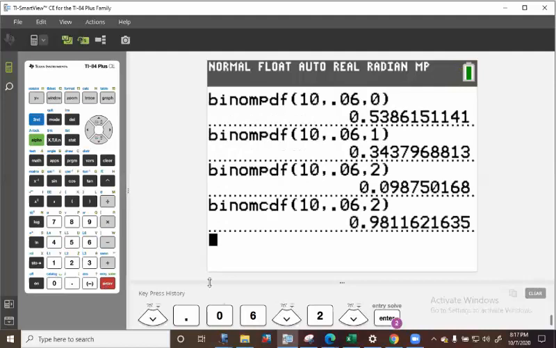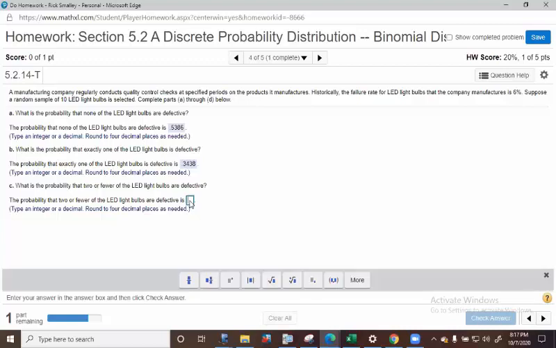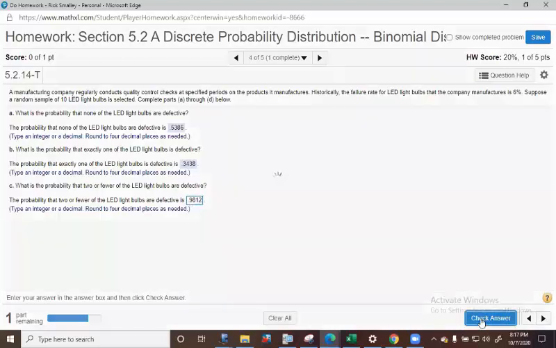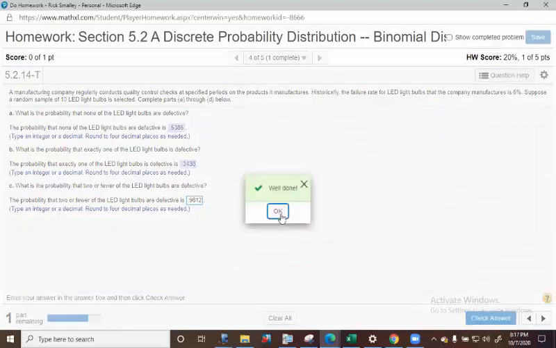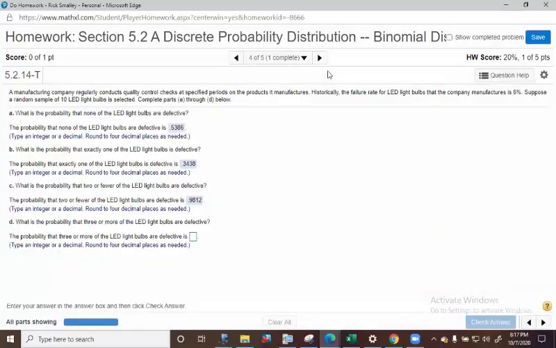So this answer we just got would be those top 3 added together. I'm going to go ahead and use it if that's okay with you. Since I did show you the PDF for 2 and you would add it to those other 2 that we already had. And let's try this, 0.9812. Look at that, we got it.